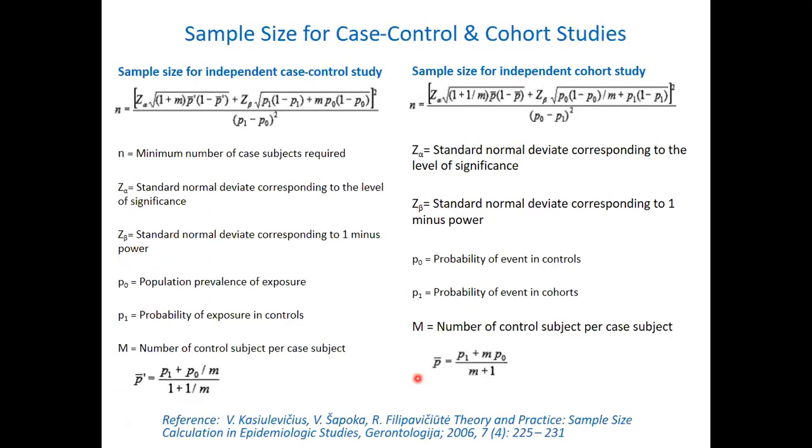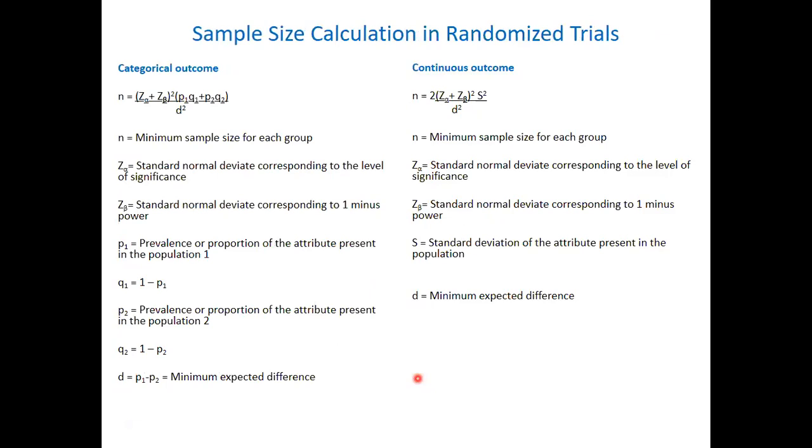So you look at it, the calculation of sample size for comparative study and for experimental, there's no difference there. The only difference lies in the fact that you intervene in one, the other one you didn't intervene.